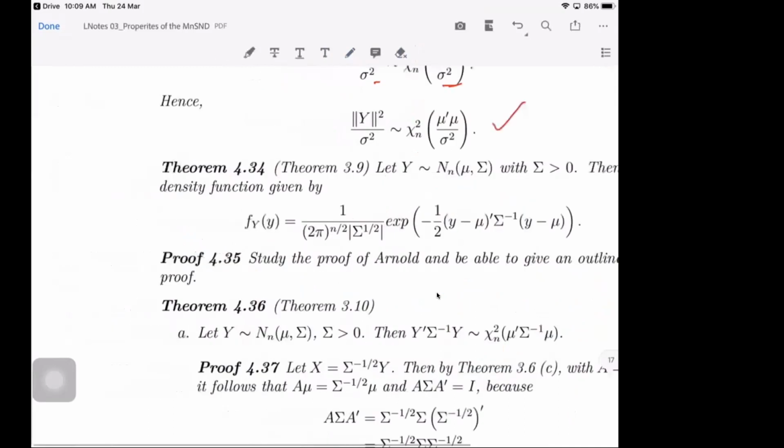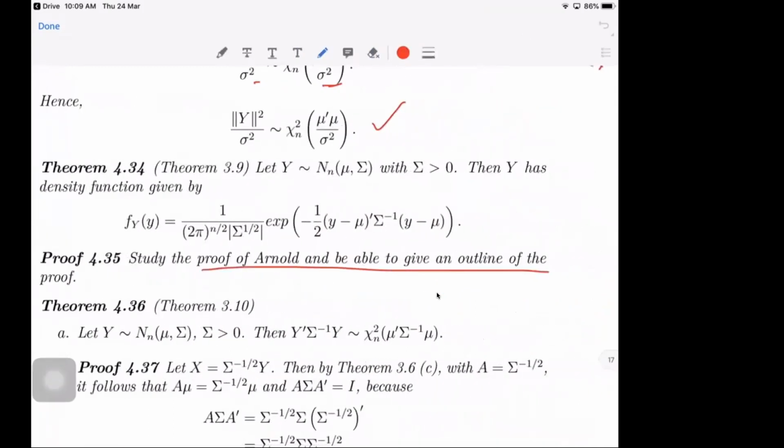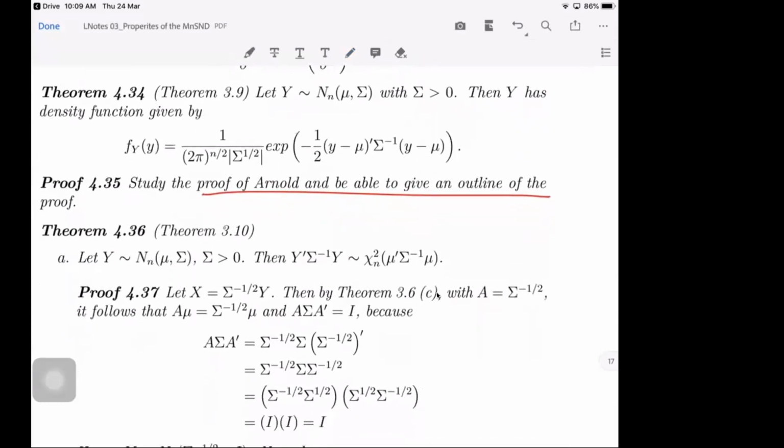So you just study how the proof of the probability density function for the normal in the univariate case goes, because the derivation there uses some Jacobian matrix. I think that should already have been discussed in your undergraduate statistical inference or probability theory class.